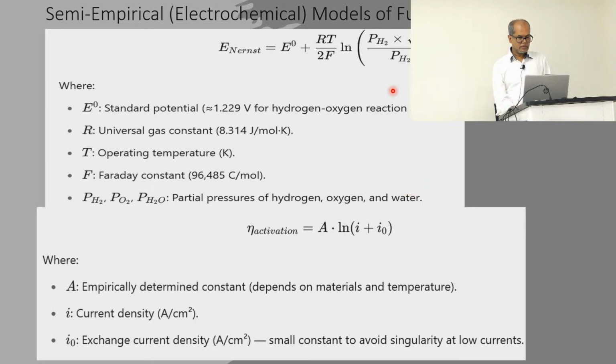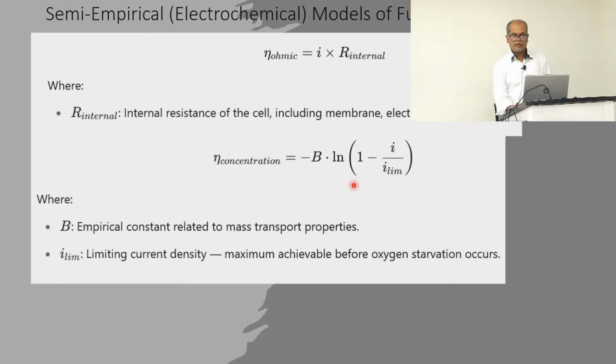So, using all of this and the activation equation that I already mentioned in the previous cases, you can calculate the ohmic and concentration losses, all three losses, using these three equations, and then there is again the constant.